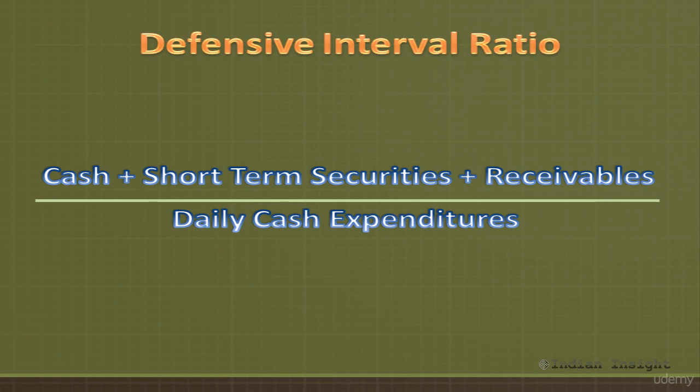A defensive interval ratio of 50 would indicate that the company can continue to pay its operating expenses for 50 days before running out of quick assets, assuming it has no cash inflows. The higher this number, the greater the liquidity. In case for a company this ratio is lesser compared to its peers, then you should ascertain that the company has sufficient cash inflow expected to mitigate the risk.